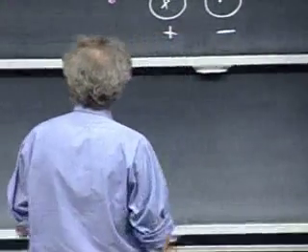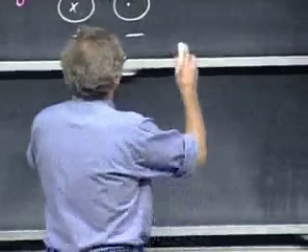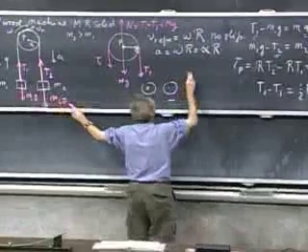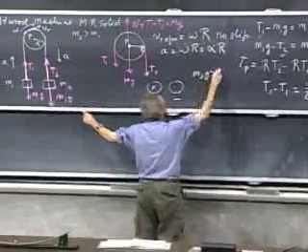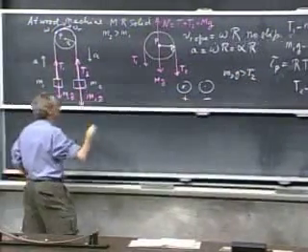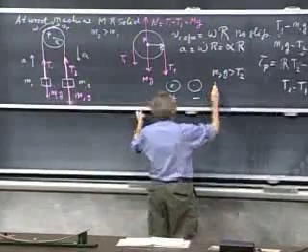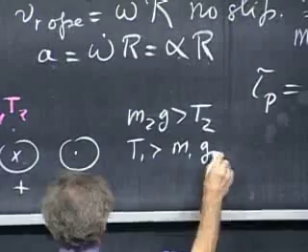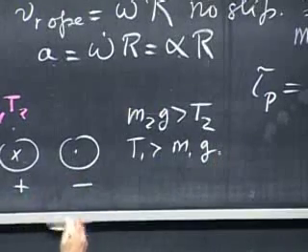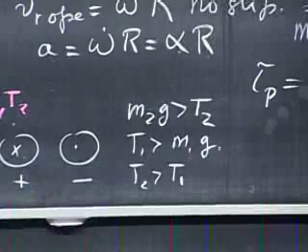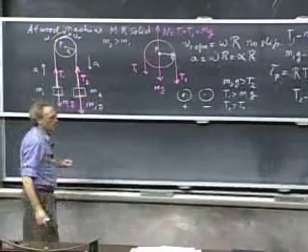You should make sure that m2 g is larger than T2. That's a must, otherwise it's not being accelerated down. You should also check that T1 comes out larger than m1 g. That's also a must. And you should also check that T2 is larger than T1, otherwise the pulley wouldn't rotate in a clockwise direction.